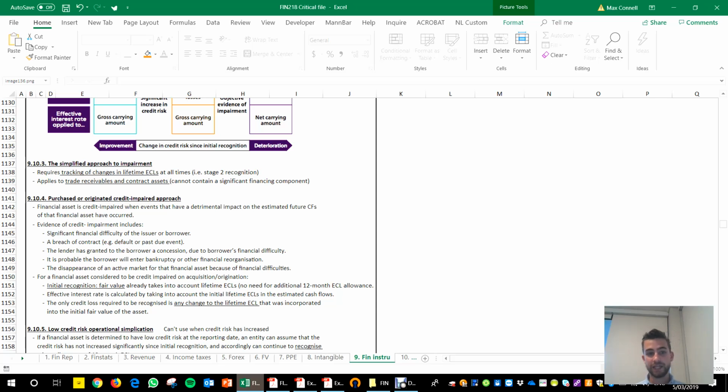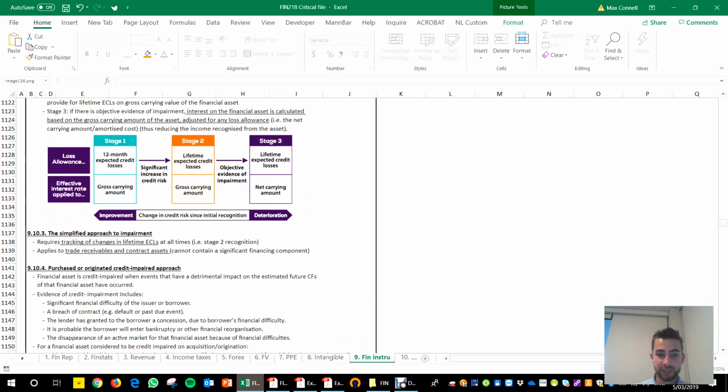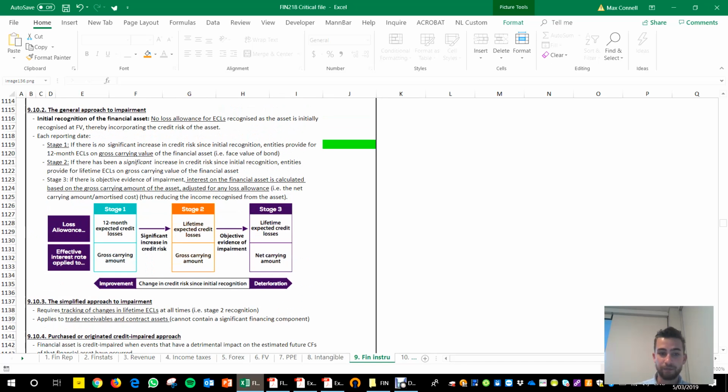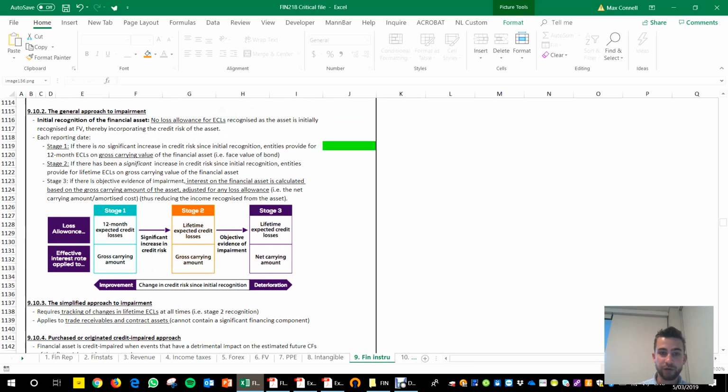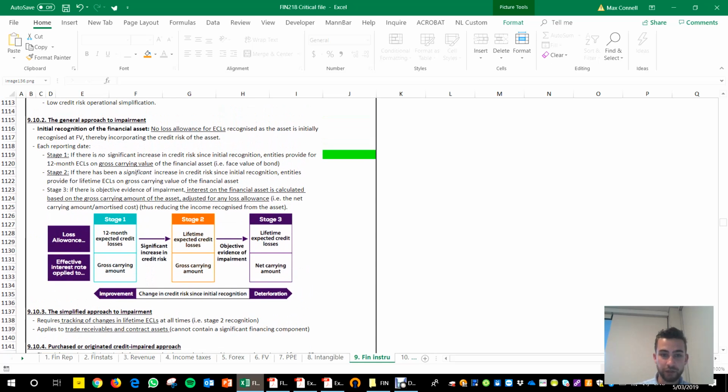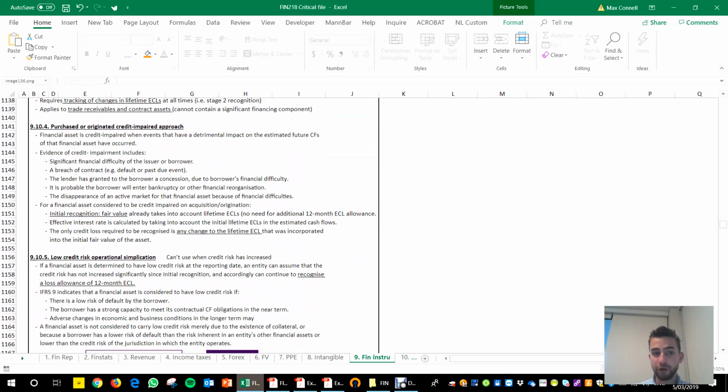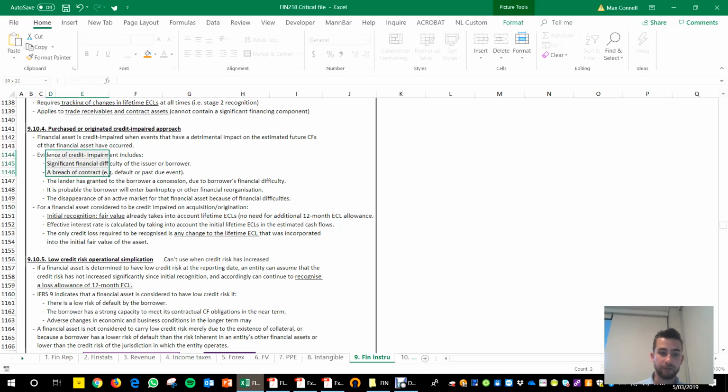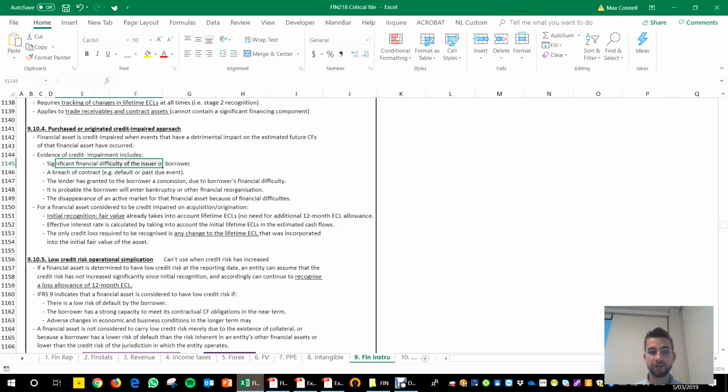In this case, it's appropriate to not apply a simplified historical data approach, and it's not appropriate to use a 12-month view of credit losses. We need to look at the whole life of the loan. We need to consider the circumstances around the evidence of significant credit impairment. So in this case, you might need to write off the majority of the loan for that particular balance.